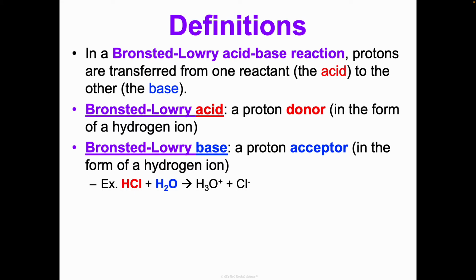Okay, so for example, look at this reaction of hydrochloric acid, and we put it in water. We see that hydrochloric acid in this scenario is an acid because it's going to donate that hydrogen to the water. Water in this scenario is a Bronsted-Lowry base. It would be classified as a base because it's going to accept that hydrogen from the hydrochloric acid, and that's what's going to make this here. Okay, so it's a proton acceptor.